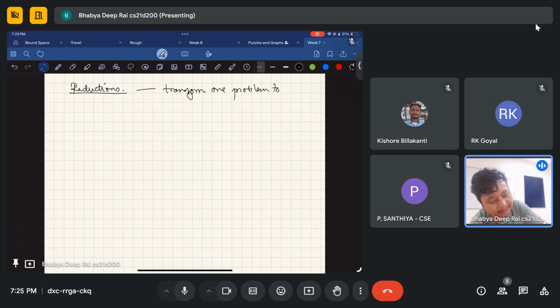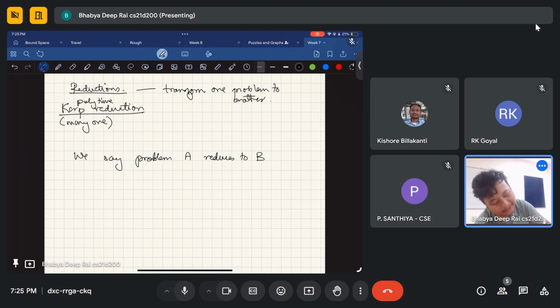I'll quickly give an example of a Karp reduction, or a polynomial time Karp reduction, also called a many-one reduction. Polytime many-one reduction means that we say problem A reduces to B, shown by A ≤_p^m B. So this means polytime, this means many-one, also known as Karp reductions.